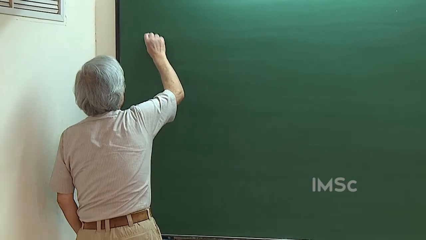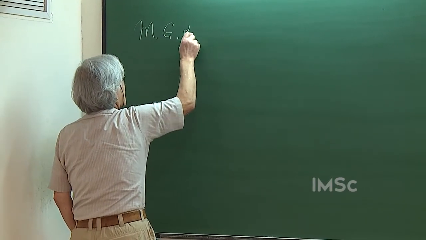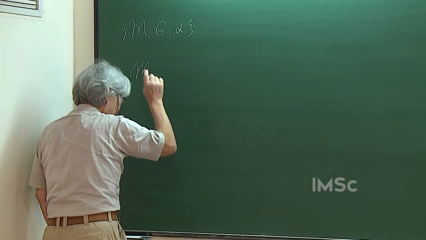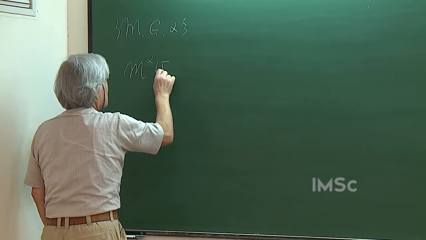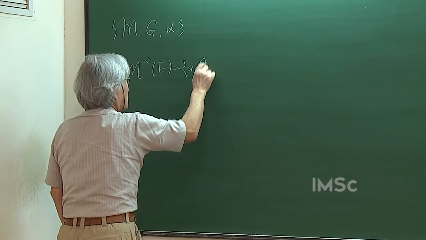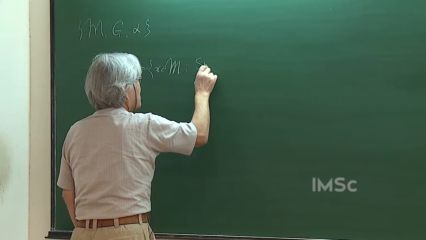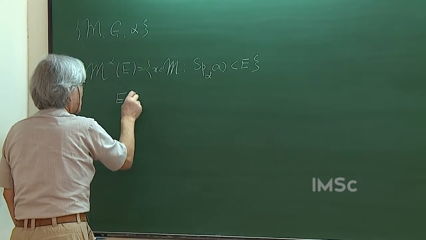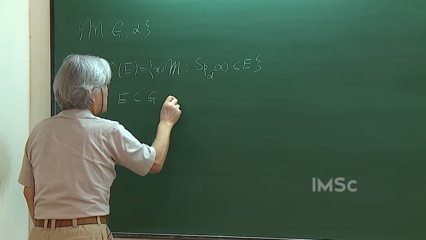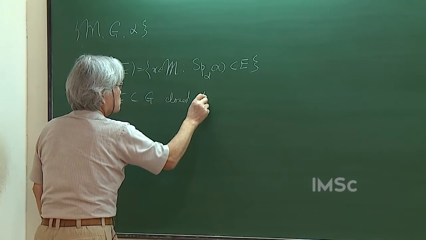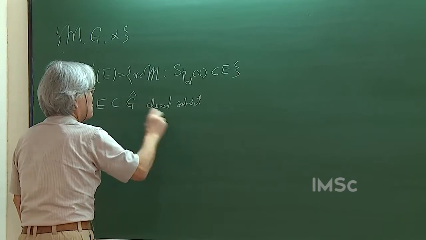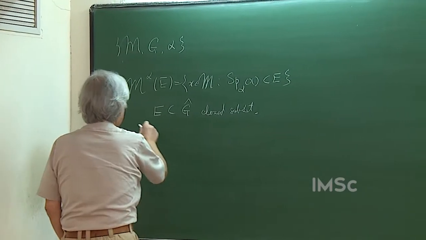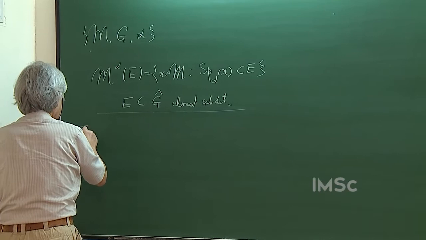It is on a von Neumann algebra M with a G abelian action alpha. M_alpha(E) is meant to be the set of X in M such that the alpha spectrum of X is sitting in E. The E is a closed subset of the G hat dual group. And it has a very natural property.